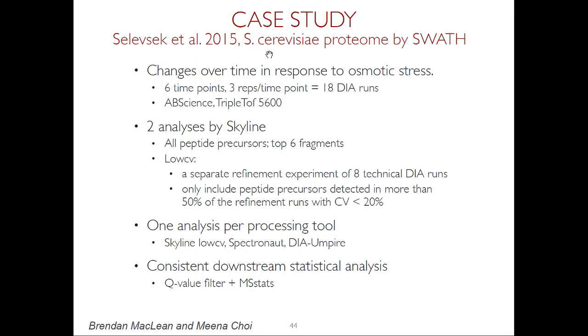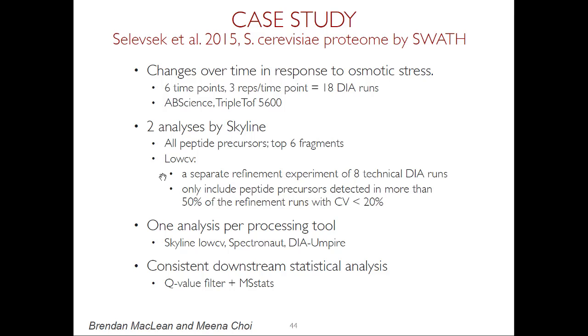This was yeast samples across time points where yeast was subjected to a particular stress, and the proteins were targeted to see how they respond to the stress across time points. 6 time points, in this case 3 replicates per time point, so a total of 18 DIA runs on TripleTOF 5600. This data set was analyzed by Skyline in 2 ways. The first, for the proteins, Skyline kept all peptide precursors and then kept the top 6 fragments per peptide.